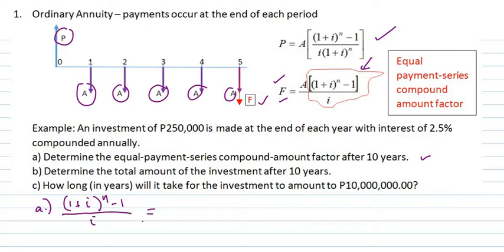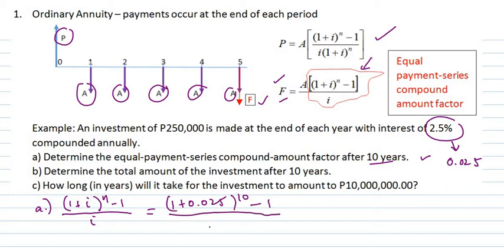Take note, our given i is 2.5%, so we convert this into a decimal. That is 2.5 divided by 100, or 0.025. So we have 1 plus 0.025 raised to n, where n is of course 10 because we have 10 years, minus 1, divided by 0.025.